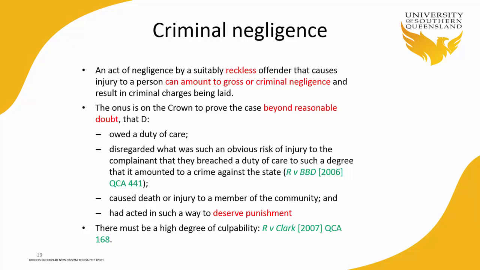This is on page 184. First, that the defendant or the accused owed the prescribed duty of care, disregarded what was such an obvious risk of injury to the complainant, caused death or injury to a member of the community, and had acted in such a way as to deserve punishment.